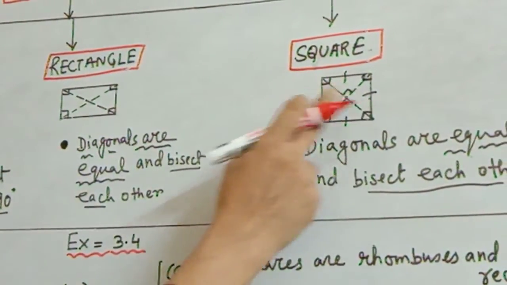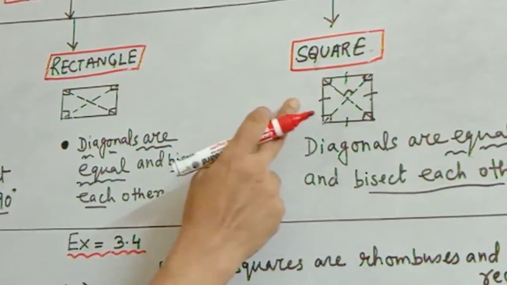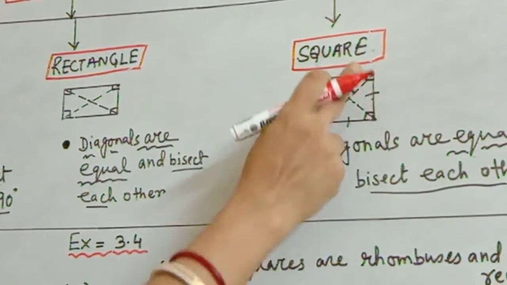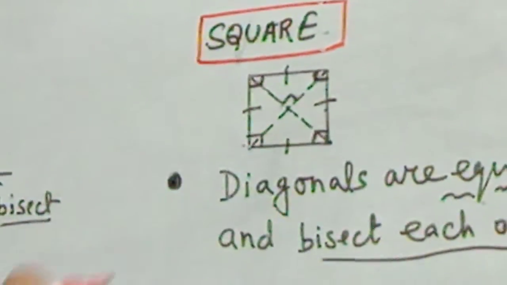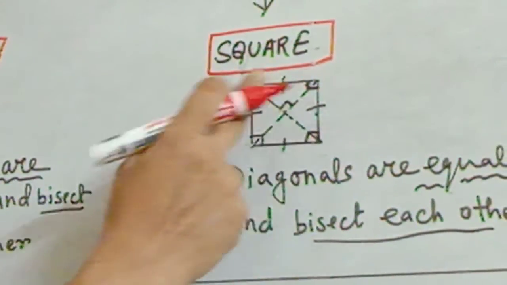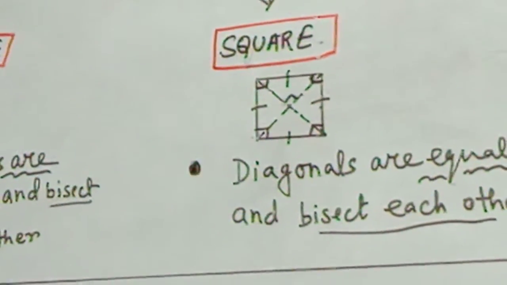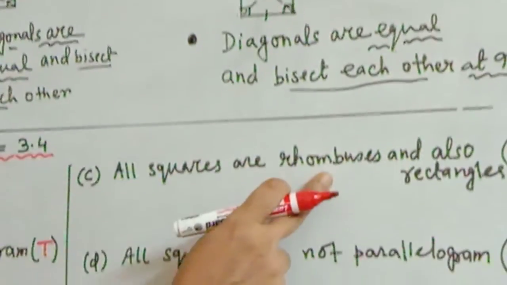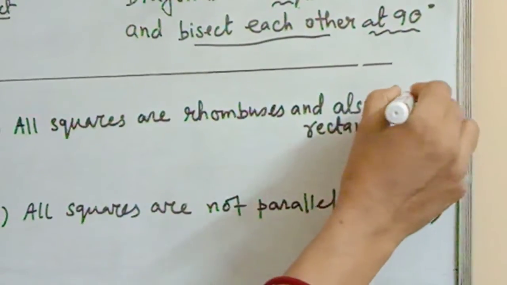Yes, in a square also opposite sides are equal and all the angles are 90 degrees. So we can say that all squares are rhombuses and also rectangles. So it is true.